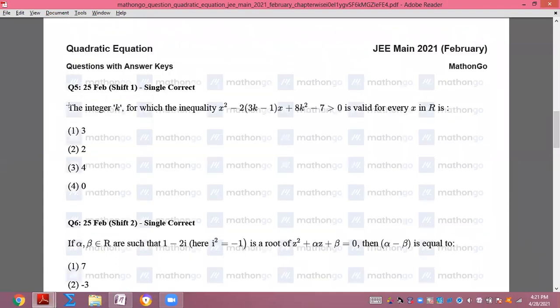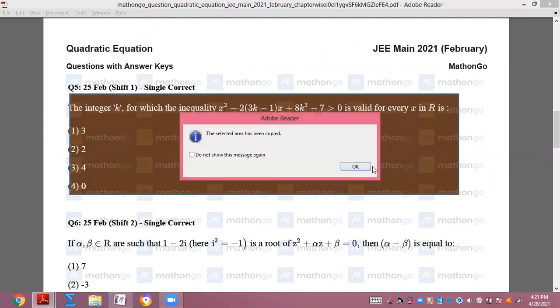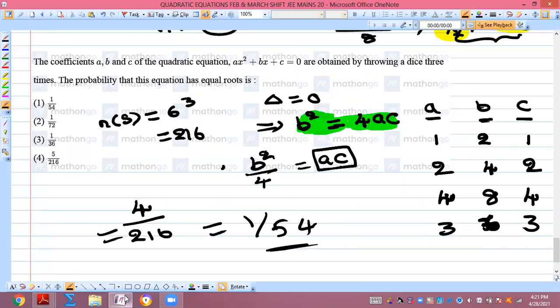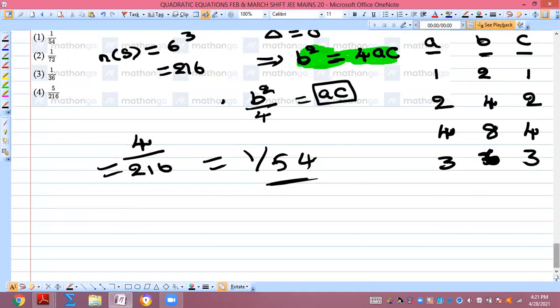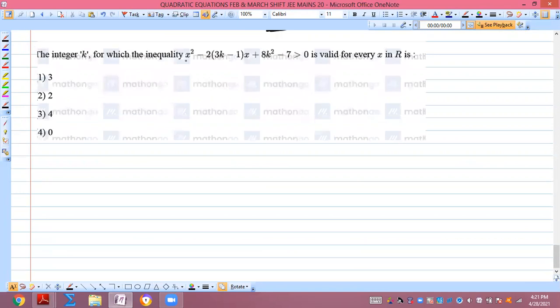Next, fifth question. In the fifth question, they gave a quadratic equation where the x square coefficient is positive. And the whole expression is giving you positive. That means discriminant must be less than 0. So discriminant, if you see, b square should be there.